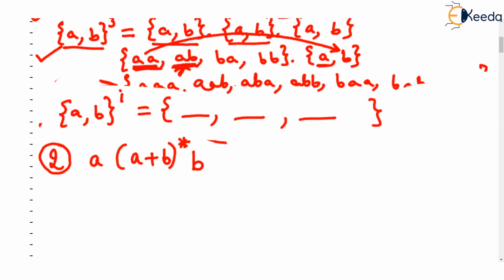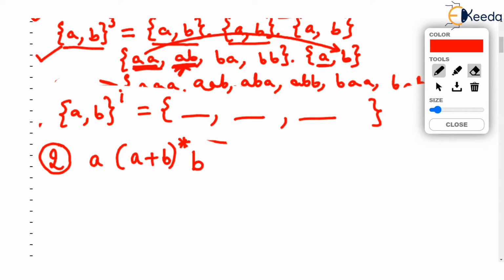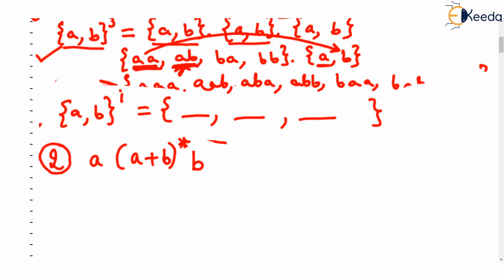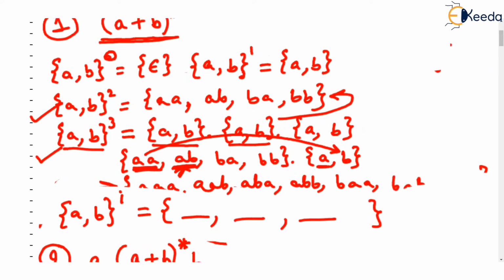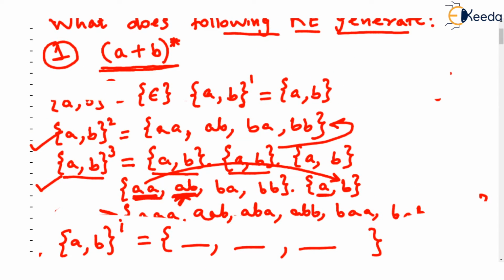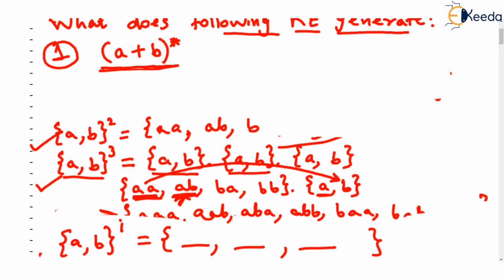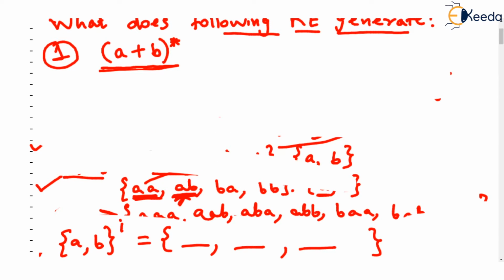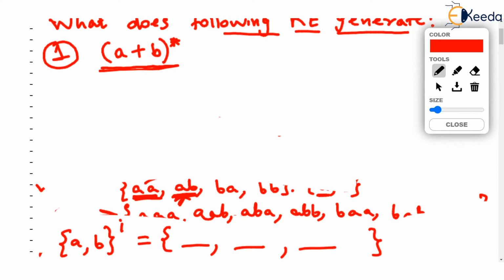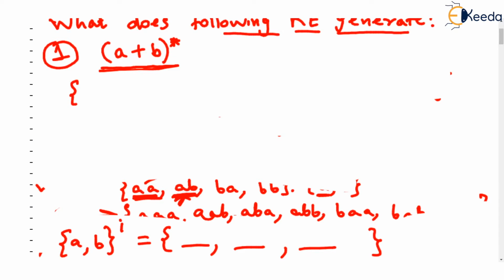Finally, our goal was to find {A, B} closure, isn't it? The story actually started from here, you watch. We had to find (A+B) star, correct? Now, (A+B) star, we said, is actually {A, B} closure, because A plus B is {A, B}.